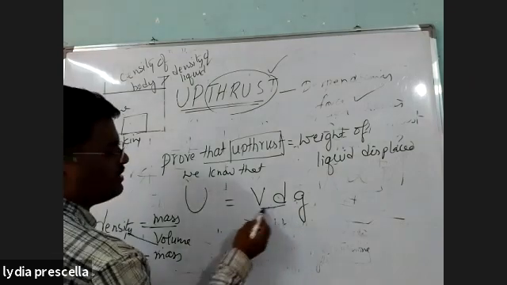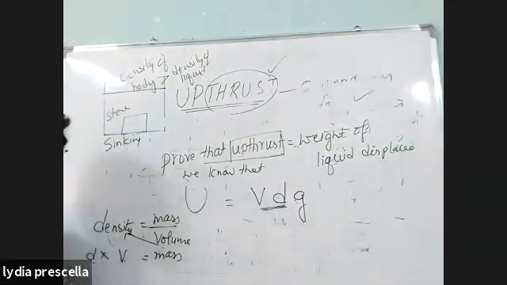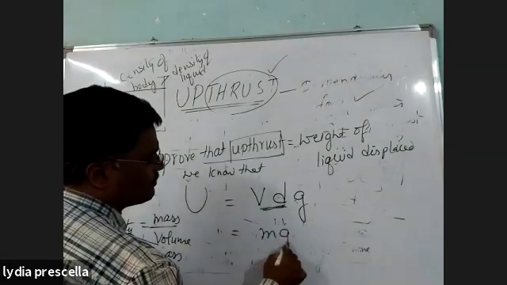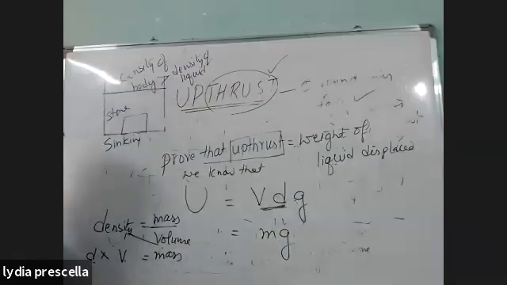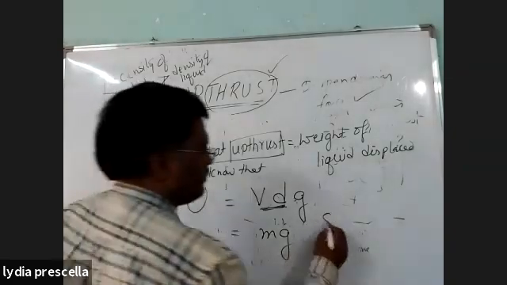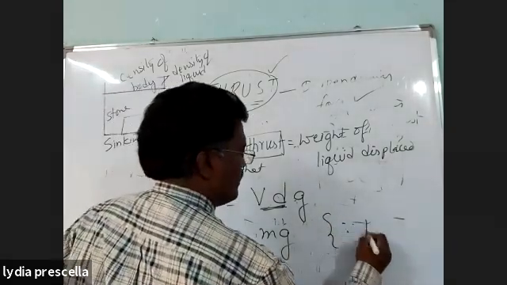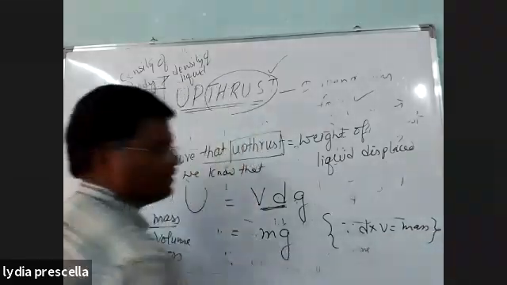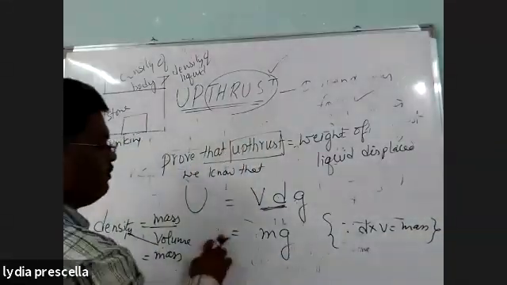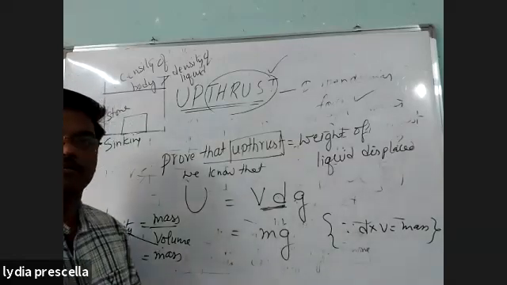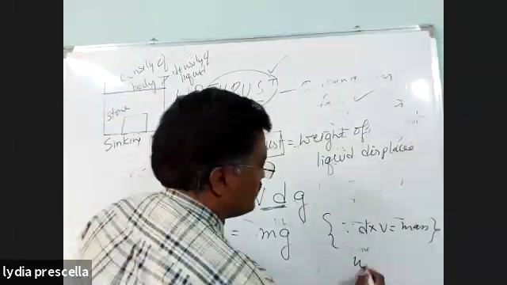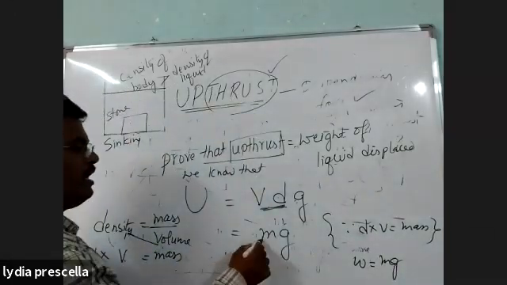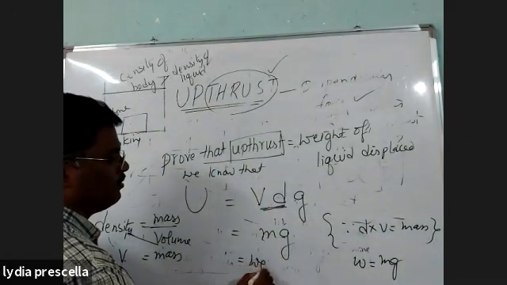See here, there is density into volume. So instead of density into volume, you can write m. Here you have to write m, since density into volume is equal to mass. Now, what is the formula for weight? W is equal to mg. This is the formula for weight. And mg is equal to weight.